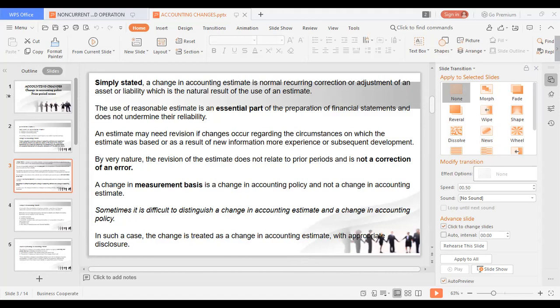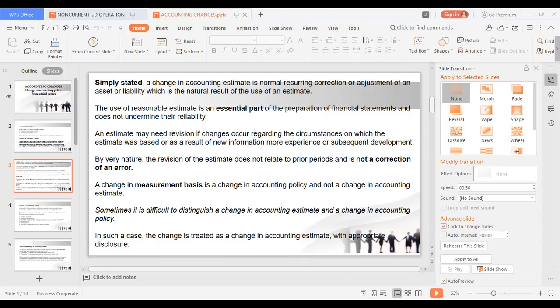January 1, 2016, Roma Company purchased equipment for 4 million. The equipment has a useful life of 10 years and residual value of 400,000. On January 1, 2020, the entity determined that the useful life of the equipment was 12 years from the date of acquisition and the residual value was 480,000.